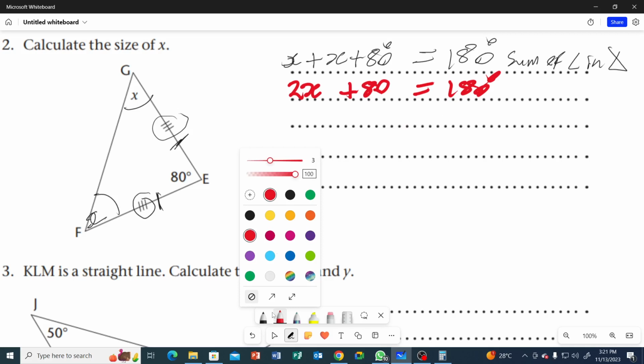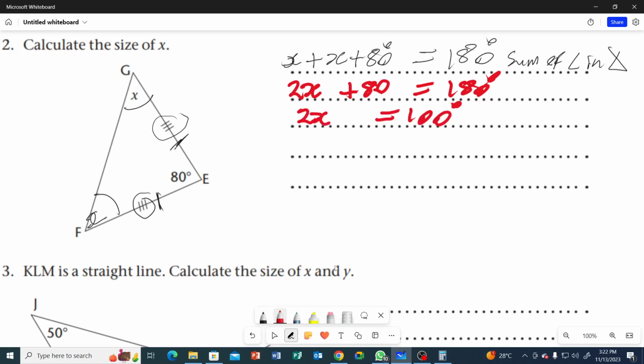Then you divide by 2, also divide by 2, x will be equal to 50 degrees. Then you solved your question.